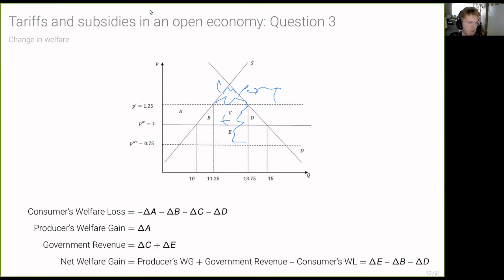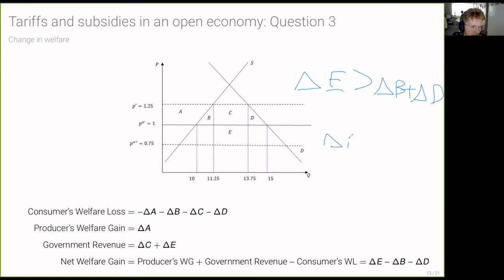And so if we want to think about whether or not that's net welfare increasing, it's going to depend on whether or not the area of E is greater than the area of B and D. So whether or not the increased tariff revenue given by E is greater than the deadweight losses of B and D. So what's the area of E?